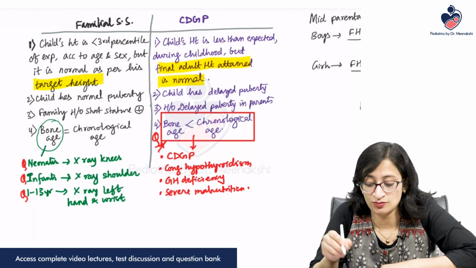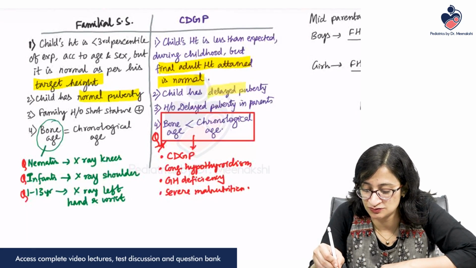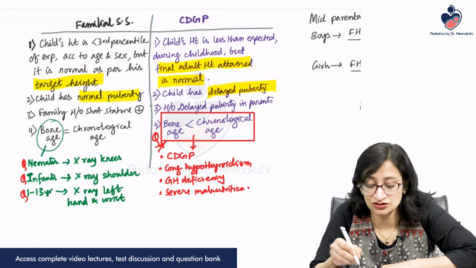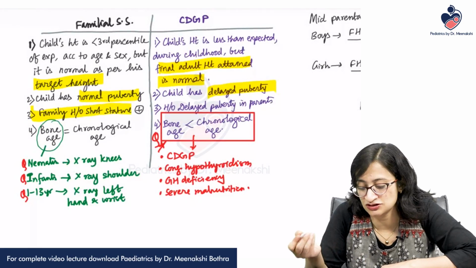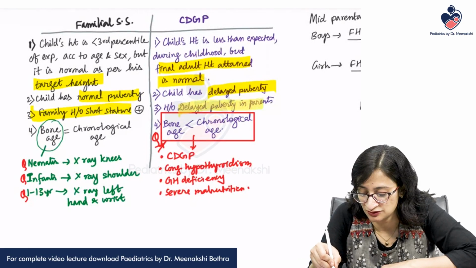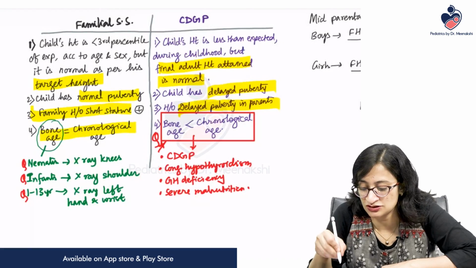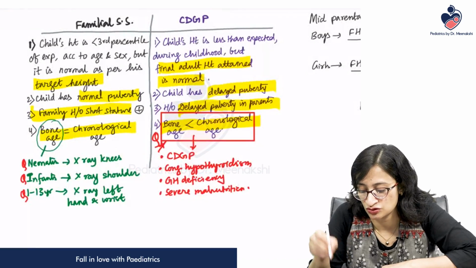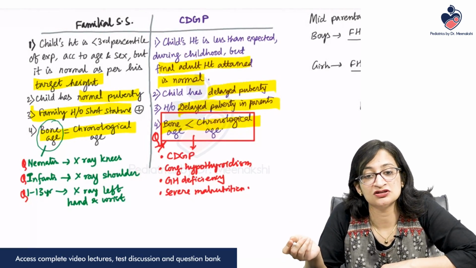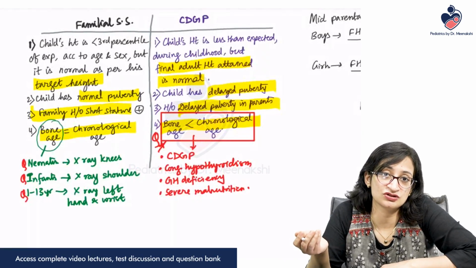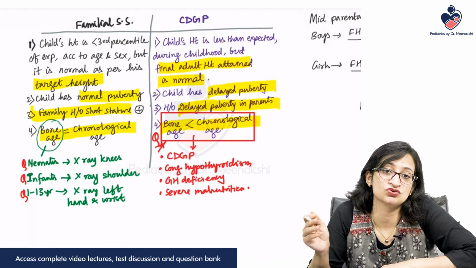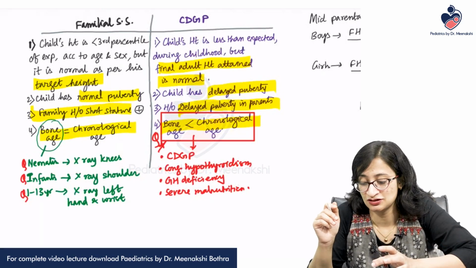Familial short stature has normal puberty; CDGP has delayed puberty. Familial short stature has a family history of short stature; CDGP has a family history of delayed puberty. In familial short stature, bone age is equal to chronological age. In CDGP, bone age is less than chronological age. And we saw certain other situations where the bone age is less than chronological age, and the important X-rays used to do the bone age.